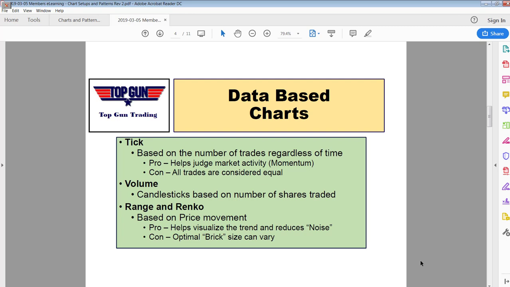Volume. I'm not a big fan of volume bars. I cannot get my head around the idea that a volume bar would be telling me anything that I would want to see other than momentum. Well, I have other ways to judge momentum.